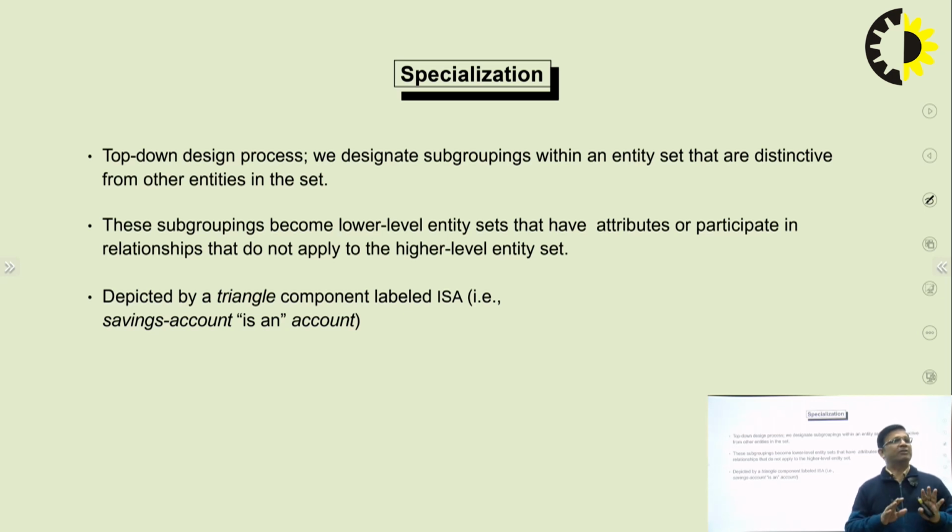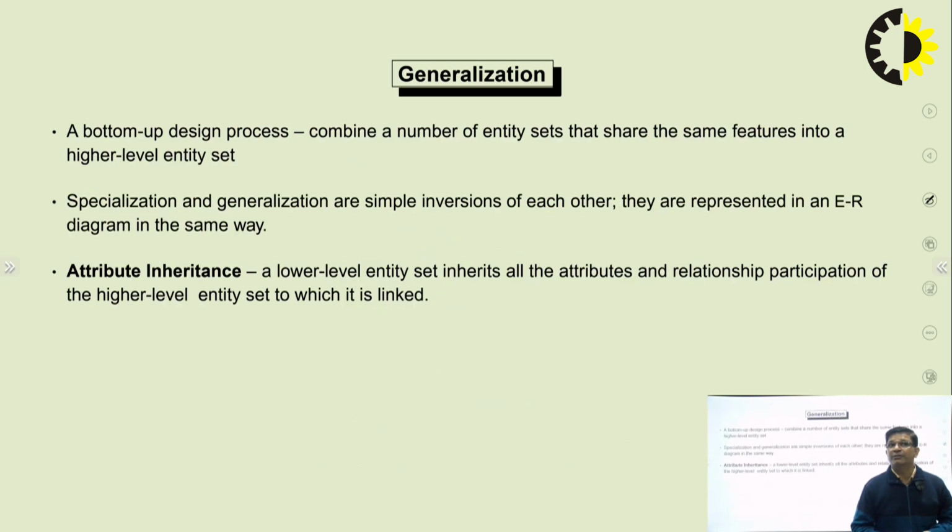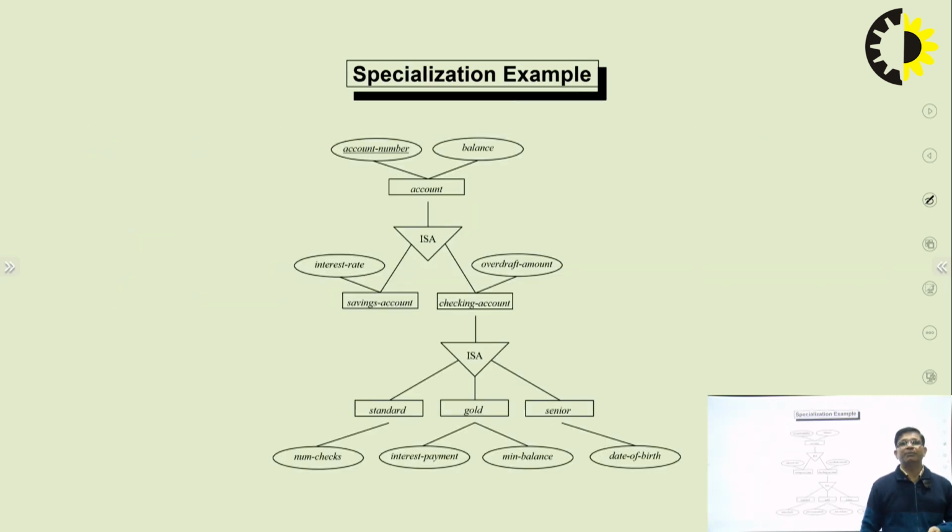But this is not the meaning of extended ER diagram. Extended ER model means designing the ER diagram in a new way, for example specialization or generalization. These are the extended ER diagrams.